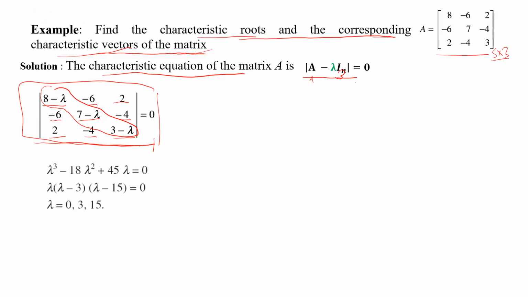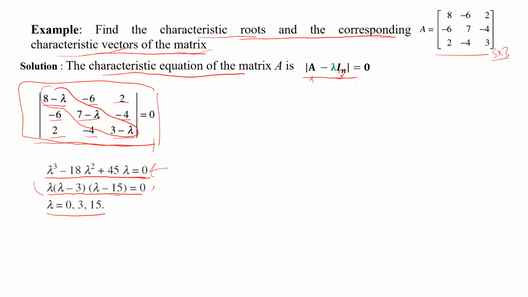After expanding that determinant, we obtain the equation lambda cube minus 18 lambda square plus 45 lambda equal to 0. We simplify that equation, so we get lambda, lambda minus 3, lambda minus 15 equal to 0.